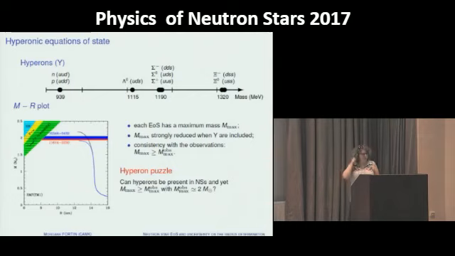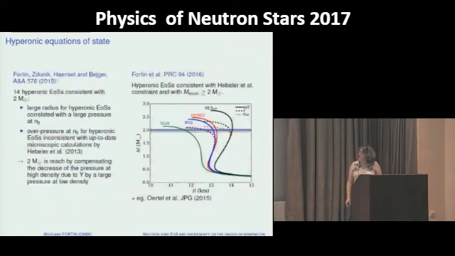The so-called Hyperon Puzzle tries to answer the question of whether it's possible to have hyperons in neutron stars, and yet to have a maximum mass larger than two solar masses.